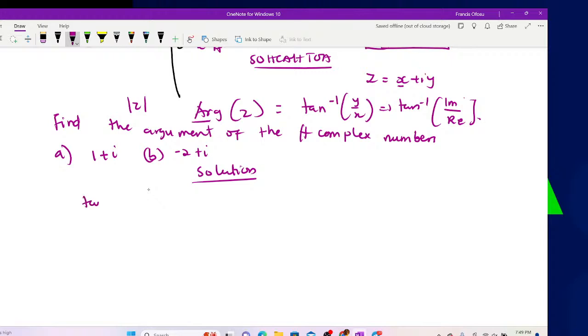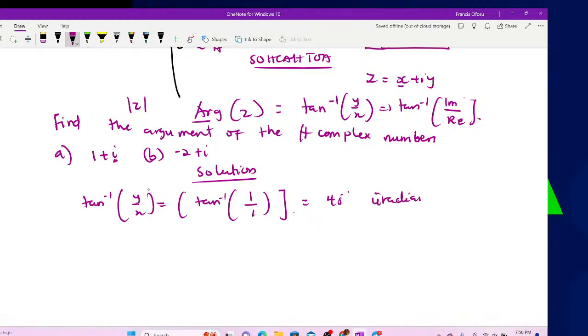So considering the first one, 1 plus i, the argument of 1 plus i, as I said, is equal to tan inverse of y on x, where y is the coefficient of what? Our imaginary part. In this case, I have tan inverse of 1 on 1, right? You simply put this into your calculator and you realize tan inverse of 1 is equal to 45 degrees. In complex numbers, for easier computations, we normally represent it in pi radians instead of degrees.